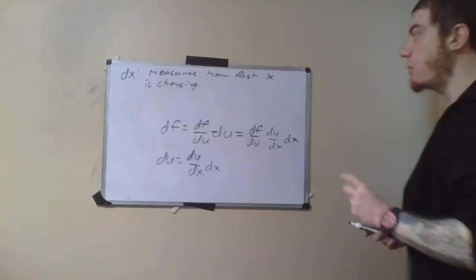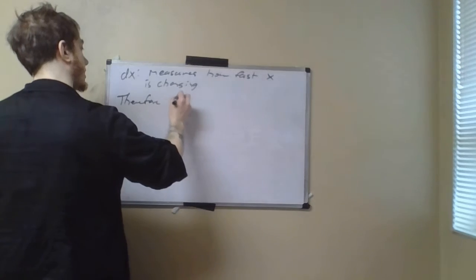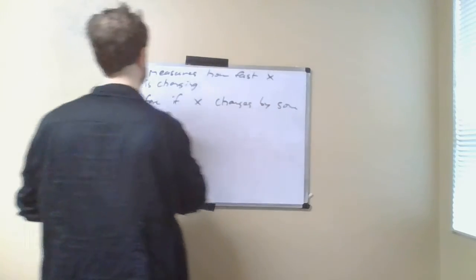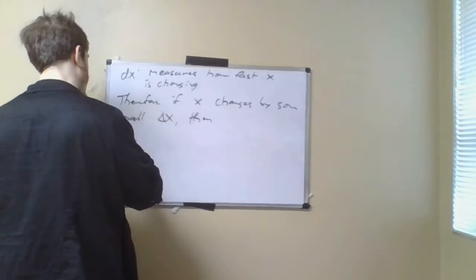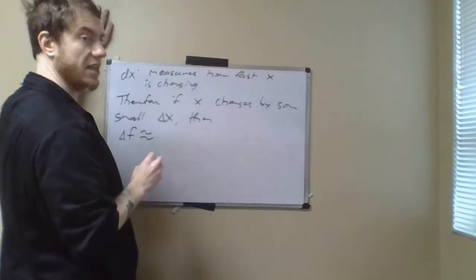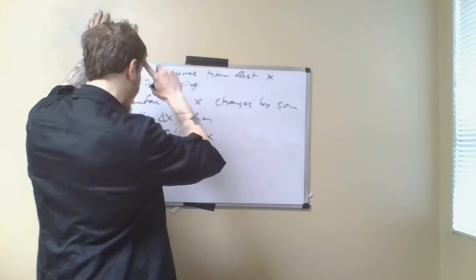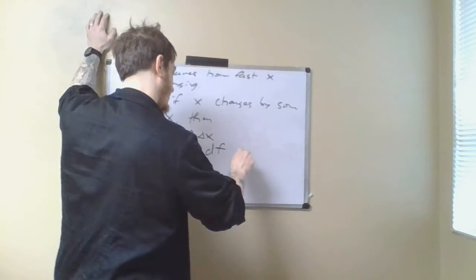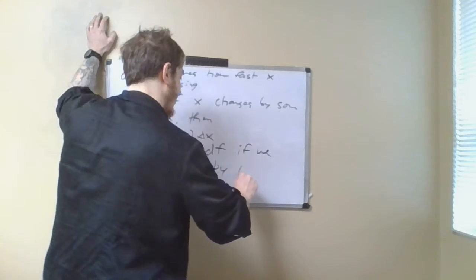A second way of thinking about what the differential does for you is this: if x changes by some small delta x, then the change in f is approximately equal to f prime of x times the change in x, which is really just df if we replace dx by delta x.